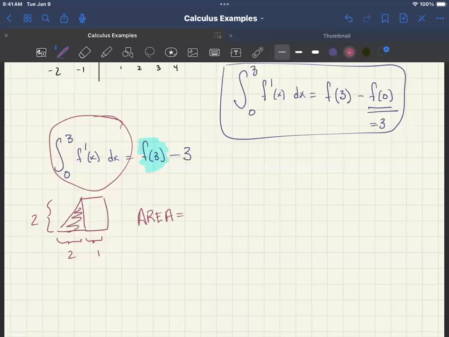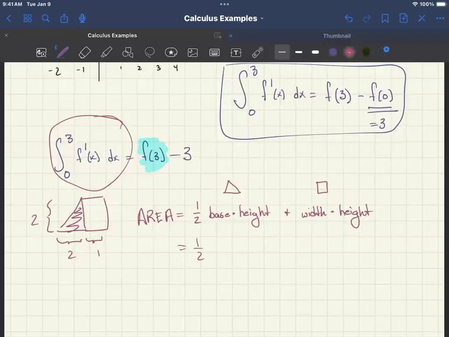The area of a triangle is 1/2 base times height, plus, so there's our triangle, plus our rectangle, which is height times width. And since we know all that information, we're just going to pop that in.